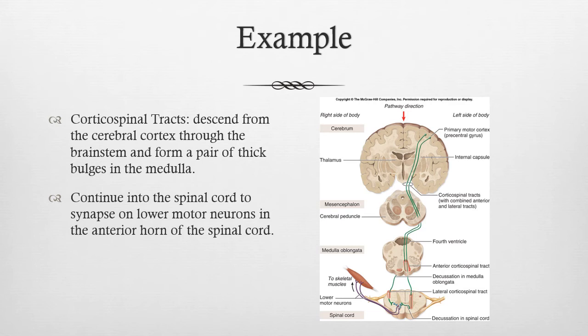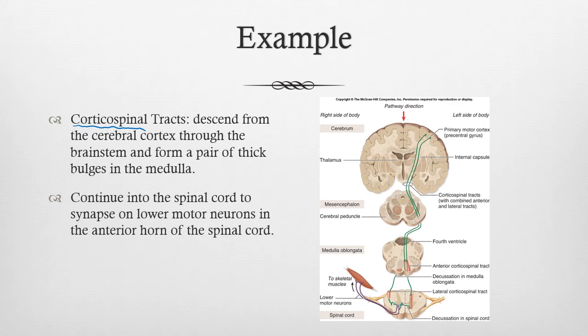And with this, some of the names of the tracts themselves follow a fairly easy naming scheme because they kind of tell us where they're coming from and where they're going to. Corticospinal tells us that it's coming from the cortex and going to the spinal cord as far as the information goes.